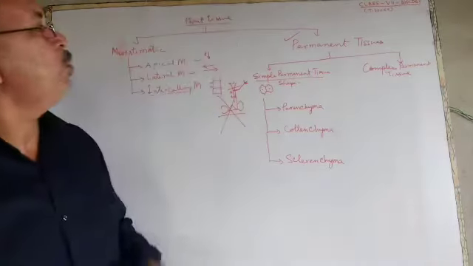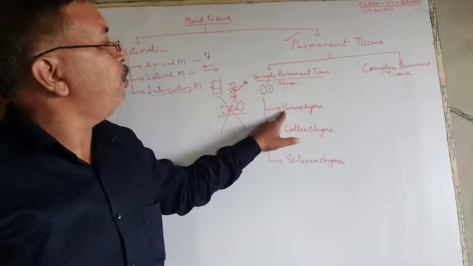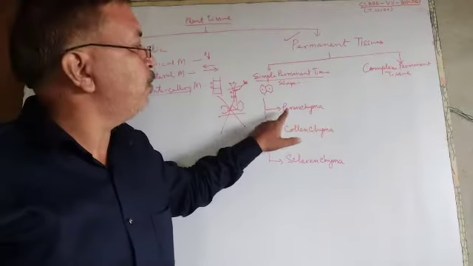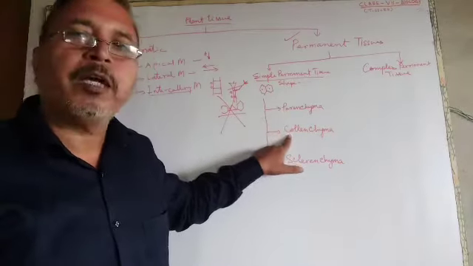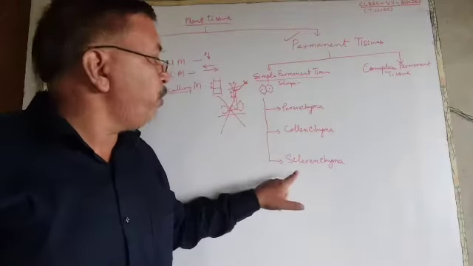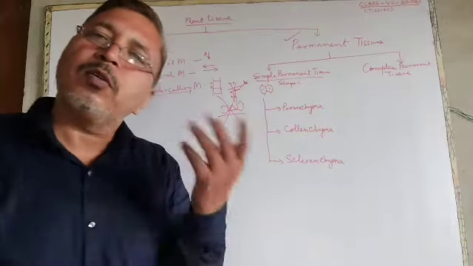Parenchyma is made up of all living cells. All cells in parenchyma are living. In collenchyma, all cells are living. When you go to sclerenchyma, all the cells are dead.